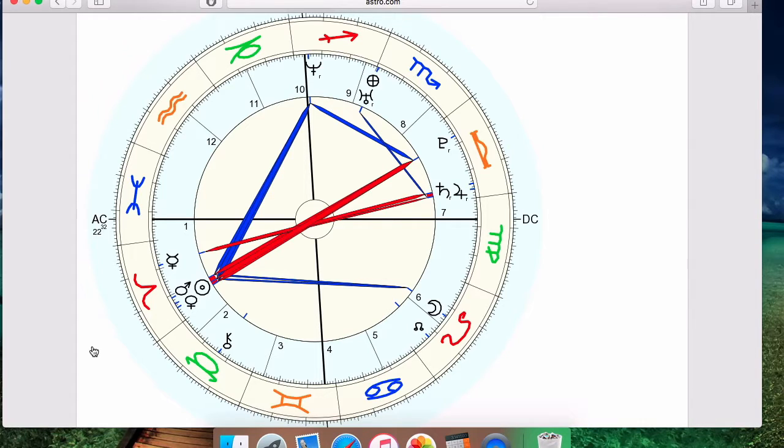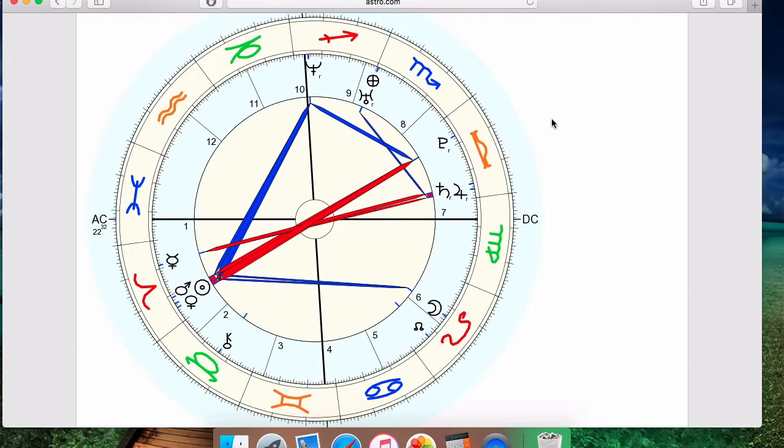And you have to look at the sign that's intercepted to determine how the suppression happened. So for me, because it's Aries, it would be a suppression of my ability to assert myself as an individual. And since Libra is intercepted, it would be an inability to learn give and take and equality within one-on-one relationships.